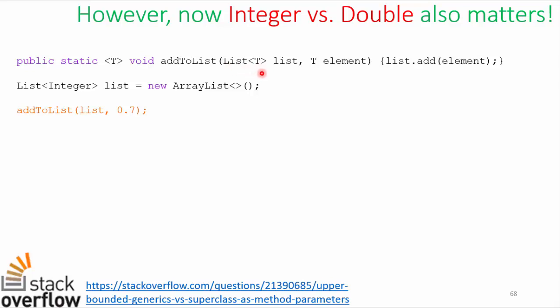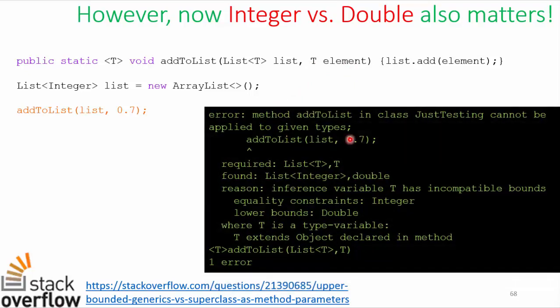And then my second parameter is 0.7, which is going to be autoboxed into a Float or a Double. So that means that when I define t element, t stands here for Double. So there's going to be a little bit of a problem here again.